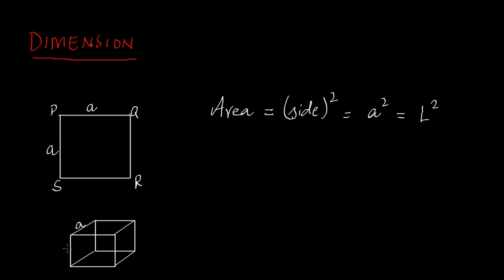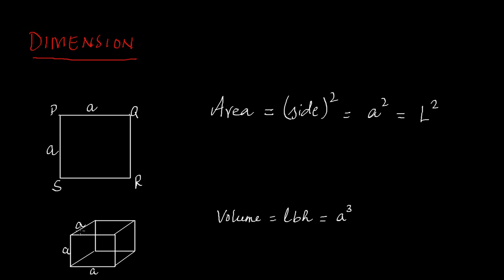Let's say the side here is A, the side here is A, and the side here is A. It consists of the length, breadth, and height, all of equal sides. So what is the volume of this cube? Volume of this cube is length into breadth into height, and since the length, breadth, and height are all equal to A, we have A into A into A, which is A cube.